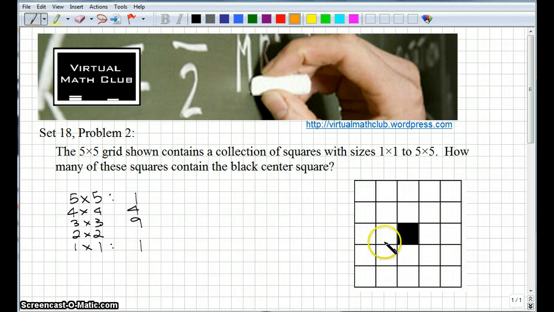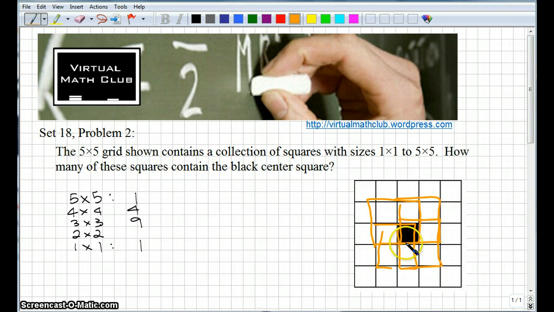So essentially we're going to have this one, and then this one, and this one, and this one. So essentially we have 4 squares where the black square is a corner of each one of them.